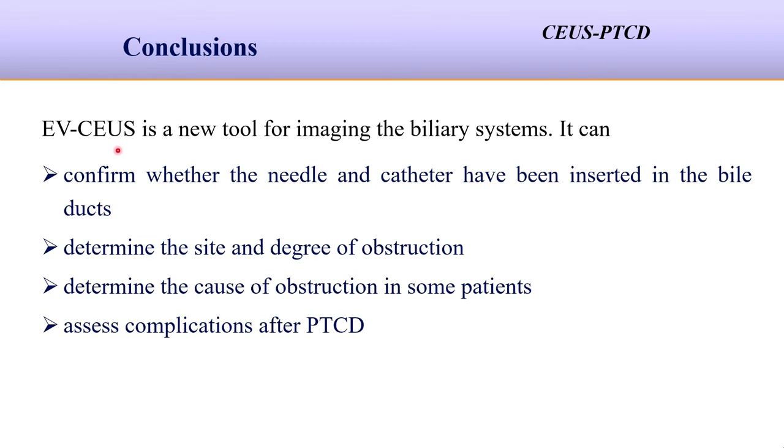Extravascular contrast enhanced ultrasound is a new tool for imaging the biliary system. It can confirm whether the needle and the catheter have been inserted in the bile ducts, determine the site and the degree of obstruction, determine the cause of obstruction in some patients, and assess complications after PTCD.